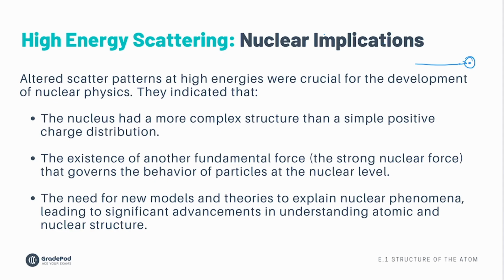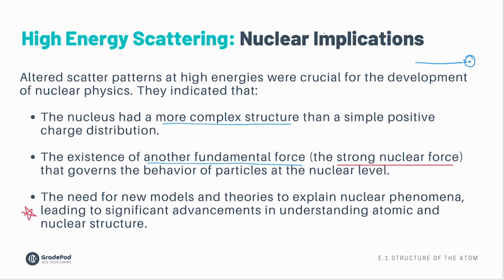And they realised that it had a more complex structure than just a simple positive charge distribution. They realised there was another fundamental force, and we call that the strong force. So the strong force was identified because they started throwing higher energy alpha particles at the nucleus.